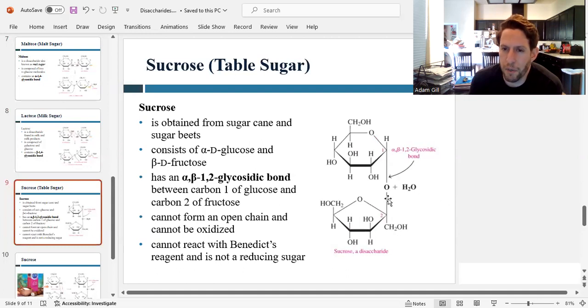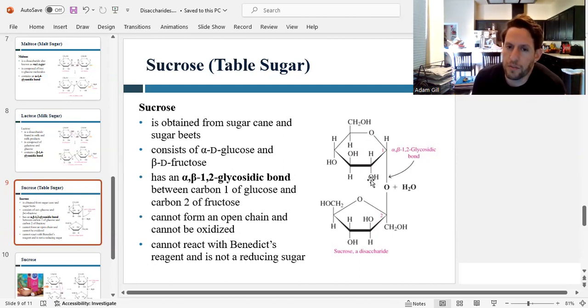Now, because both anomeric carbons are linked together, these rings are essentially stuck in the ring form. They can't reopen. So a single sugar can open and close, and it can oxidize when it's in the open form. Sucrose here has the two rings fused. They cannot open. They're permanently stuck closed.